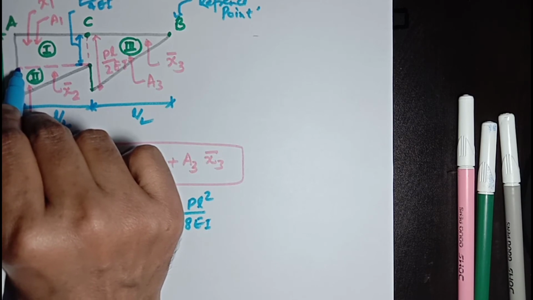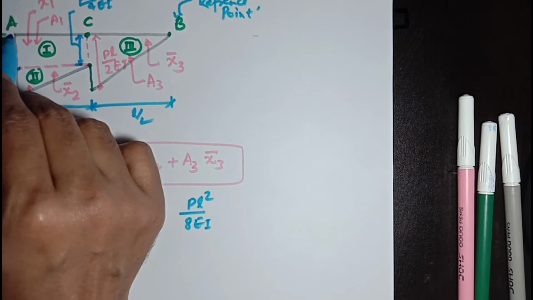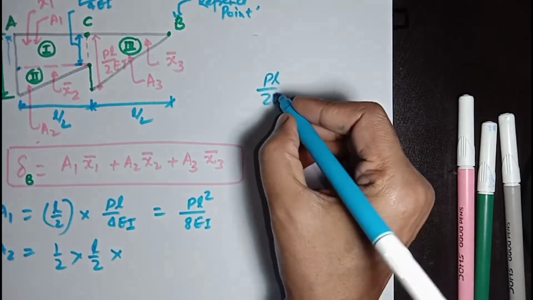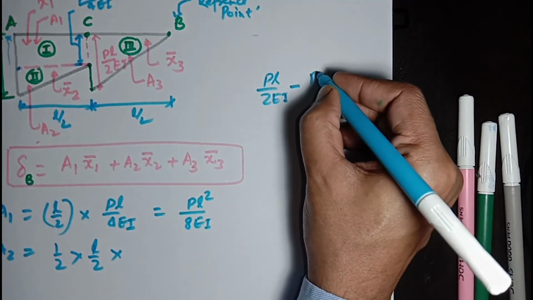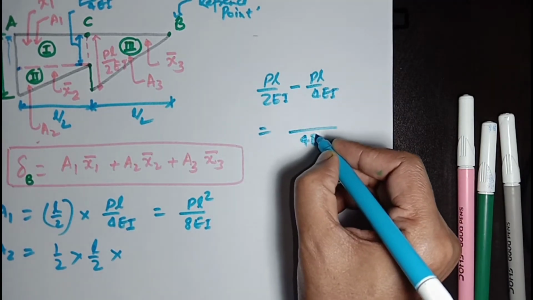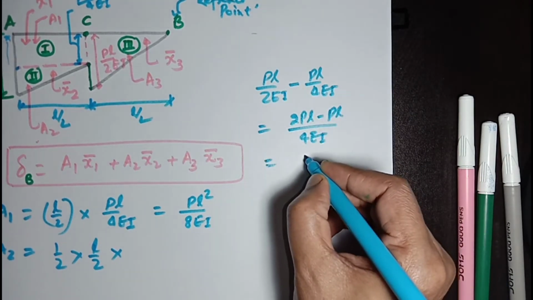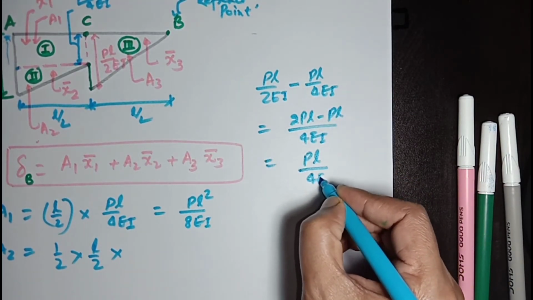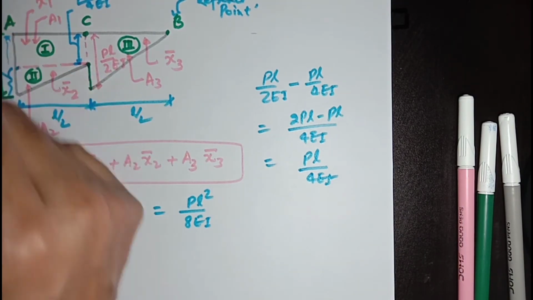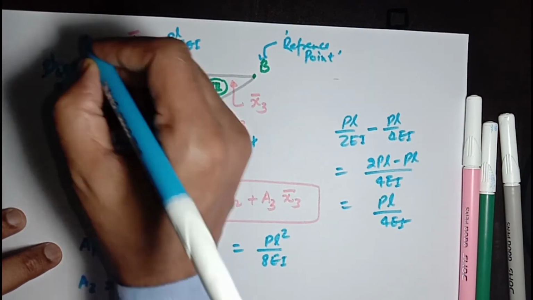The height is PL divided by twice EI minus PL divided by 4 EI. So it will be twice PL minus PL over 4 EI, which is PL divided by 4 EI.